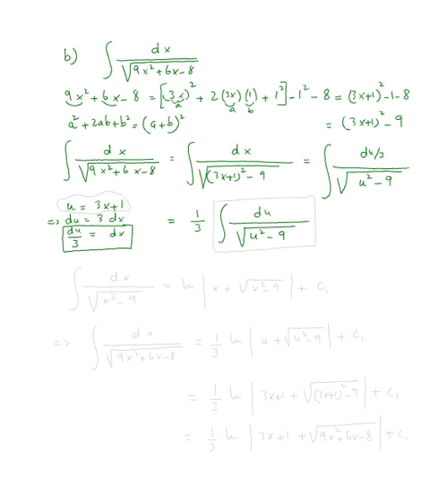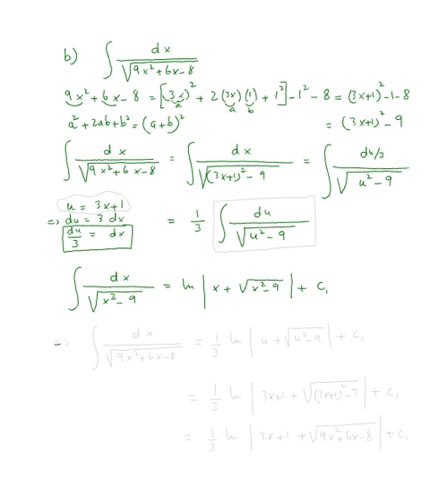Now from part A, we have the integral of dx over the square root of x squared minus 9 is equal to ln of x plus the square root of x squared minus 9, plus some constant c1.